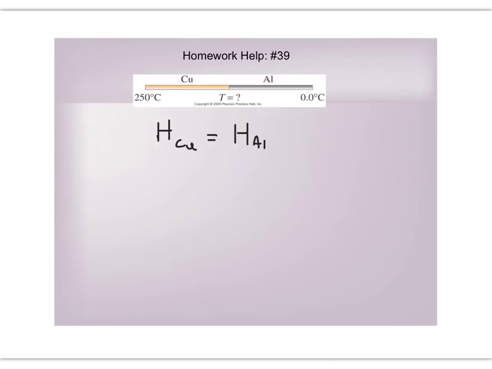In other words, the rate at which copper is going to lose heat is equal to the rate at which aluminum is going to gain heat. So for the copper, you can say that this end is the hot end and this is the middle. And for the aluminum, this end is going to be the cold end and this end is also going to be the middle, so that they have this in common. Hopefully that helps.